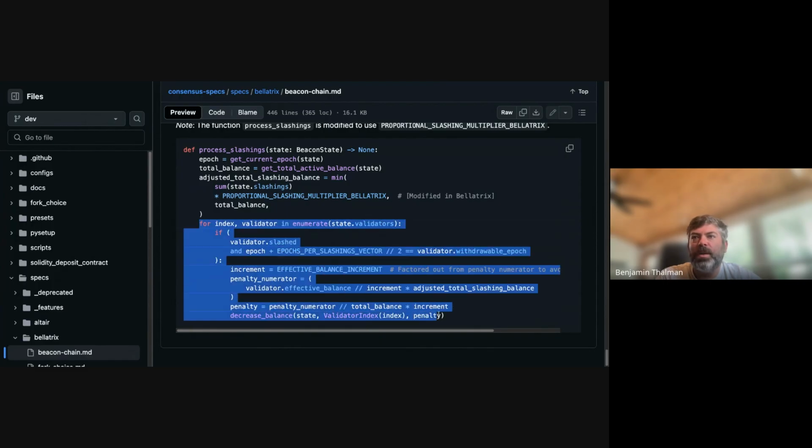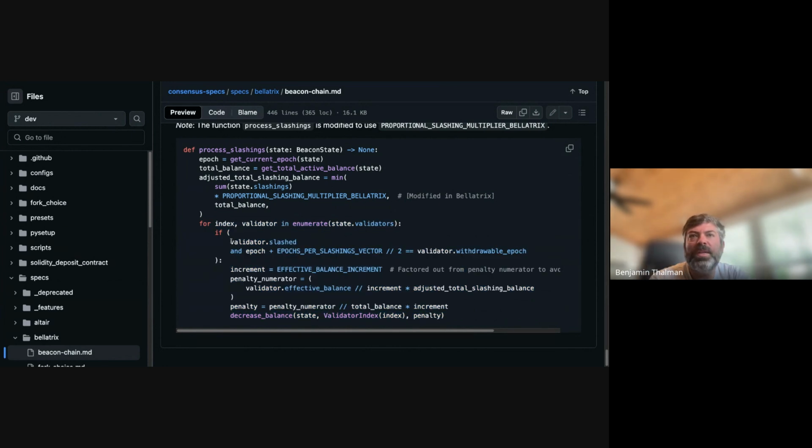The next part is where the penalties are calculated per validator and where they're also levied. You can see the initial check here. Two things happen. First, is the validator slashed? And is the current epoch plus EPOCHS_PER_SLASHING_VECTOR floor-divided by 2 equal to the validator's withdrawable epoch?